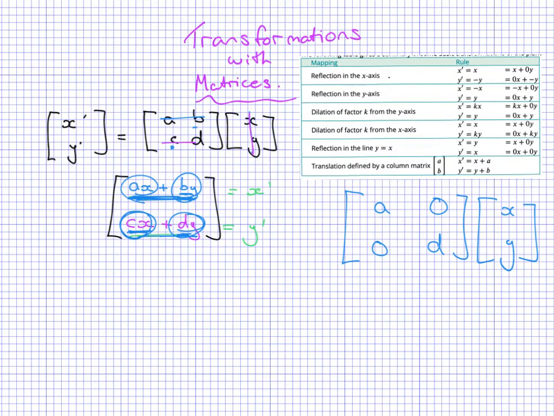Now hopefully one of these things up here has happened. Either the y value has become negative, or the x value has become negative, or the x value has been multiplied by a dilation factor, or same for the y value, or the x and y values have swapped, or they've been translated. So this is what the transformation matrix looks like at a basic level.